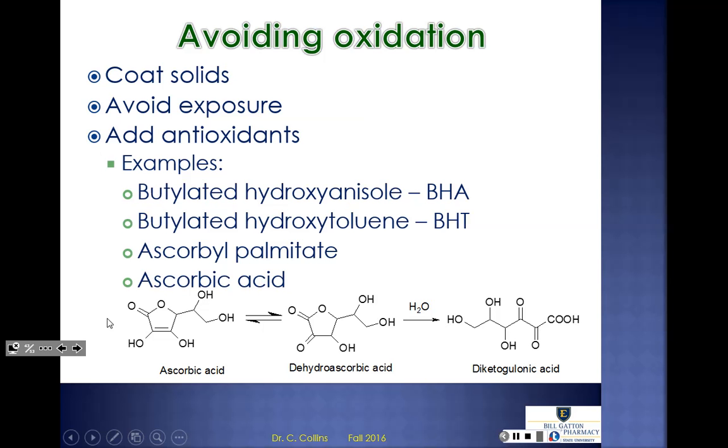Glass excludes oxygen pretty well, but most plastics are porous enough that oxygen can go in and out at will. And if you look at the containers for prescription medications, they're almost invariably in something plastic. So having it in a sealed container doesn't cut it because the oxygen can go through there.